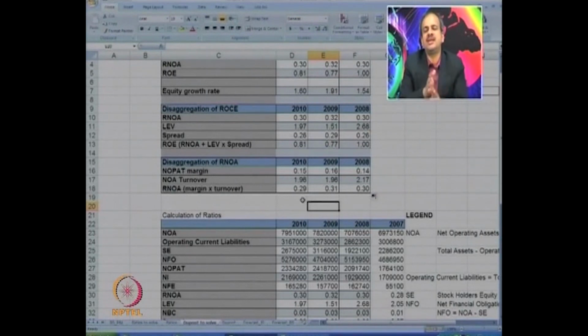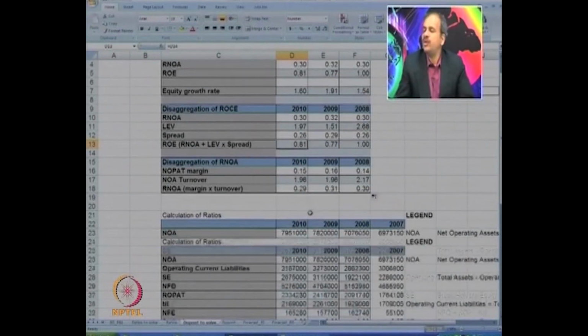Because 15% is the profit on sales and the company makes about 2 times the sales of its assets. That is how they make 30% return per year on the assets, and further because of the leverage, which is very high, they can make as much as 80% return for the equity owners. I hope it is clear?